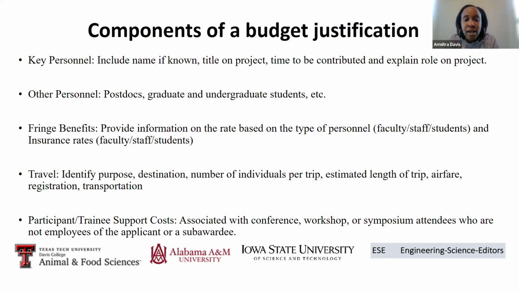Your participant trainee support costs, these are usually associated with putting on a conference, workshop, or a symposium for those individuals who are not employees of the applicant or a subboard, because if they are employees, they would go under the key personnel or other personnel. So it's very important that that is well thought out.